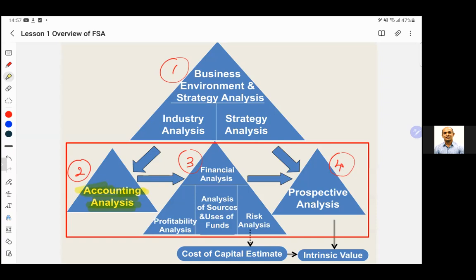Let's say you are analyzing the last 5 years. You check all the accounting policies and see whether those policies are consistent throughout the period. That's just one thing you do in the accounting analysis.